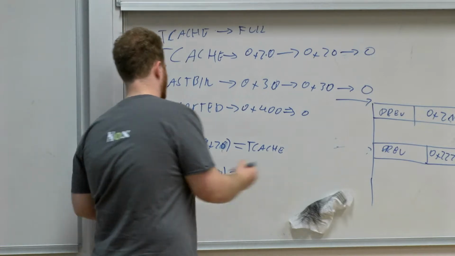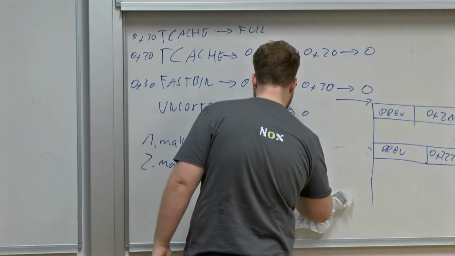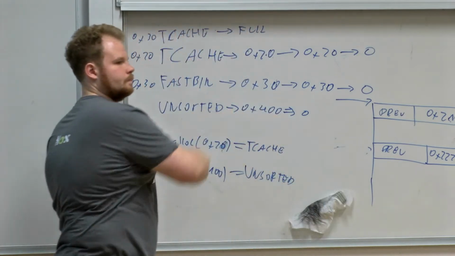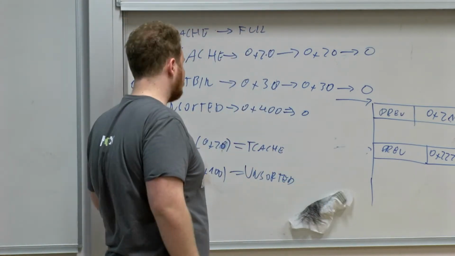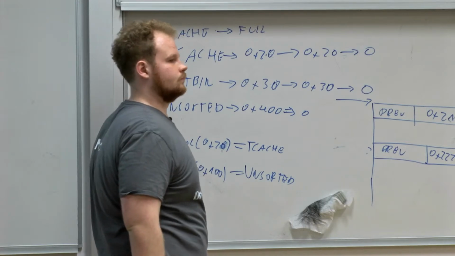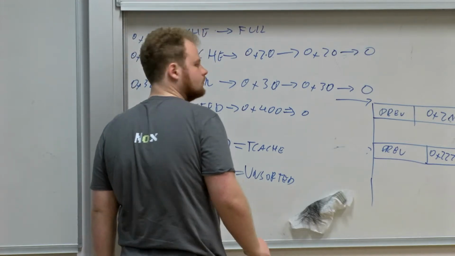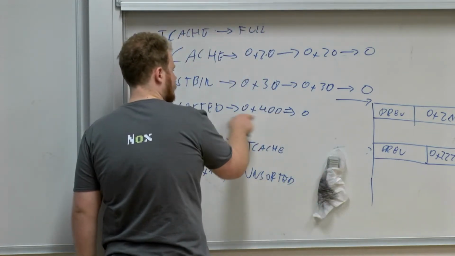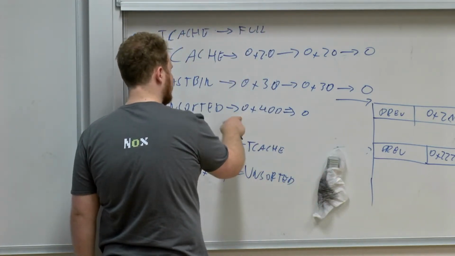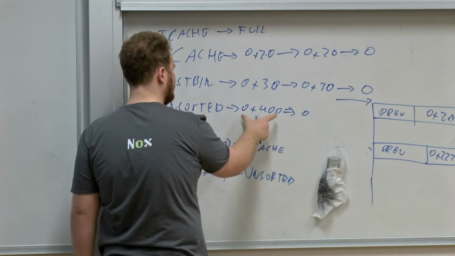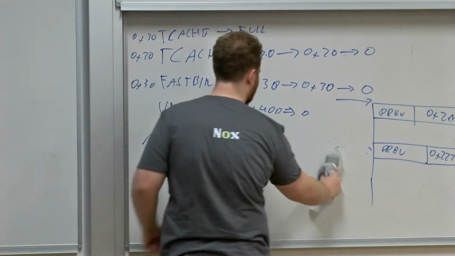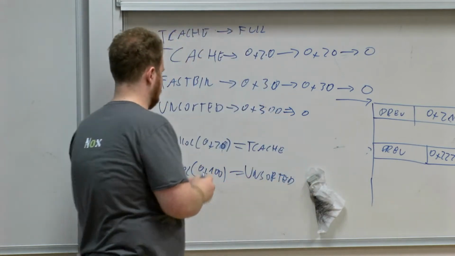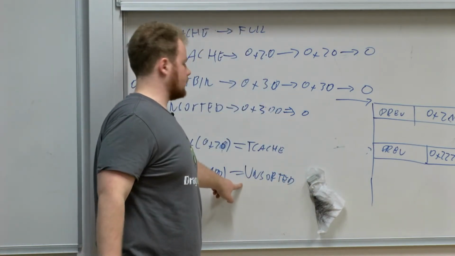Unsorted. Yes, that's correct. And what will happen with this? Exactly. So it will return this exact pointer, and the new pointer that will stay in the unsorted bin is this one. And malloc will return that.